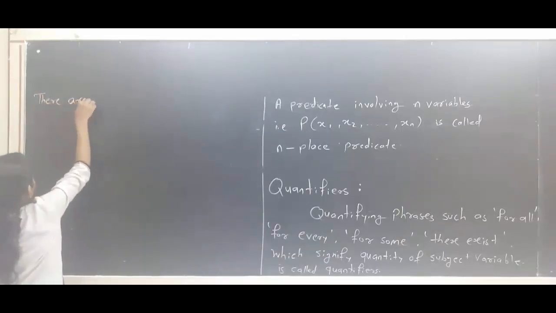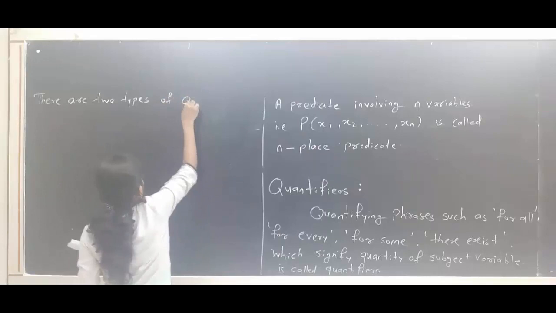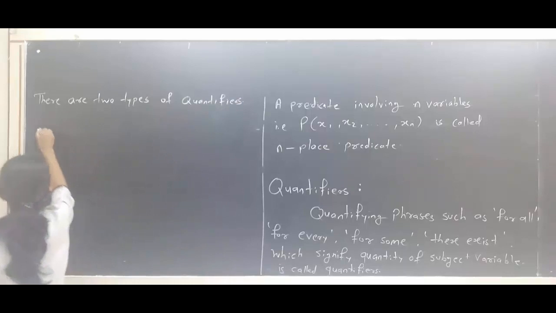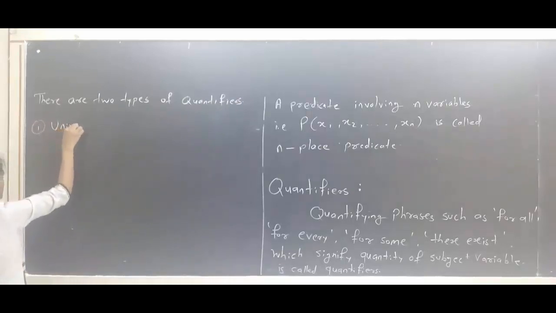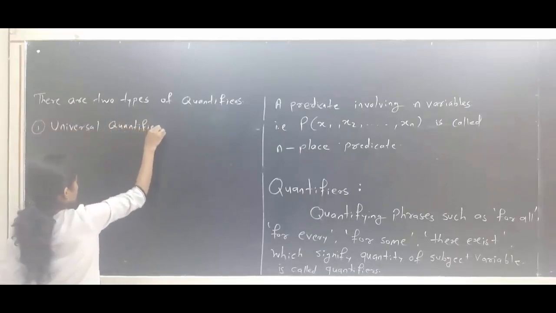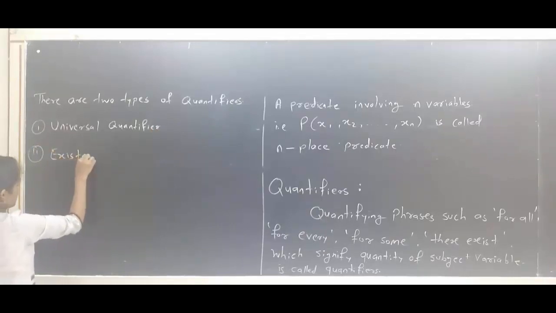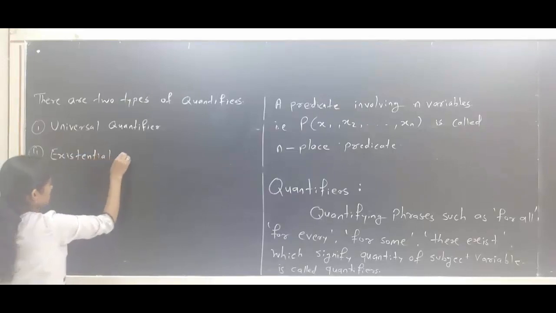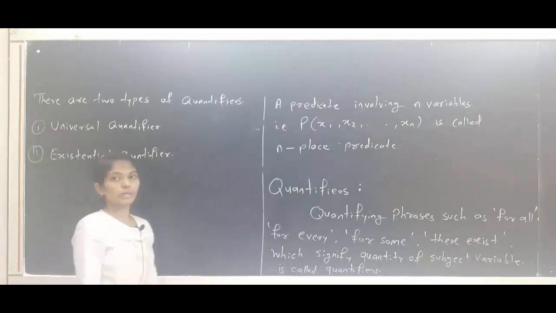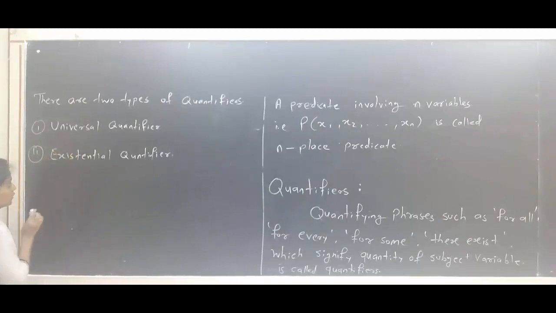So there are two types of quantifiers: first, universal, and second, existential. Now, we see the definition of the universal quantifier.